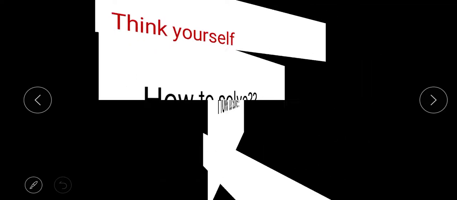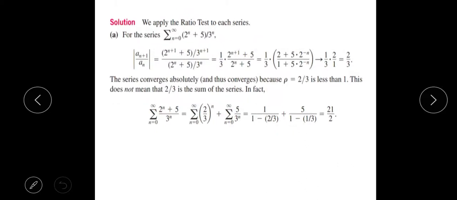Let's see. The given series is summation n equals 0 to infinity, 2 raised to n plus 5 upon 3 raised to n. Now you calculate modulus of an plus 1 upon an.